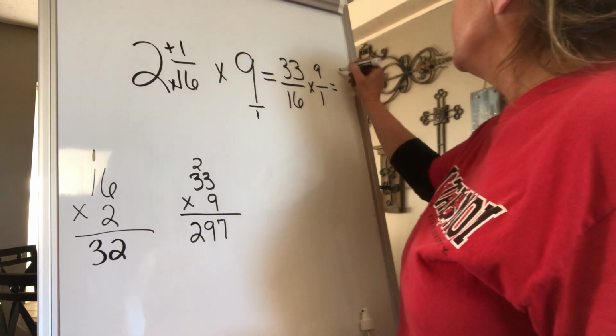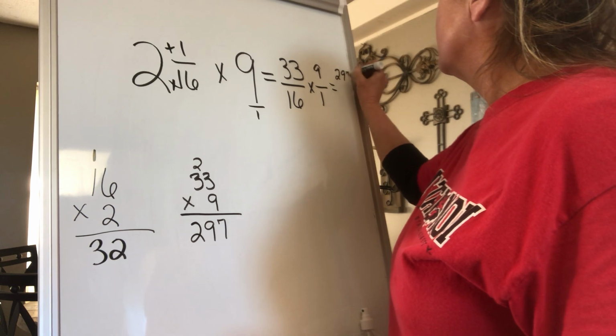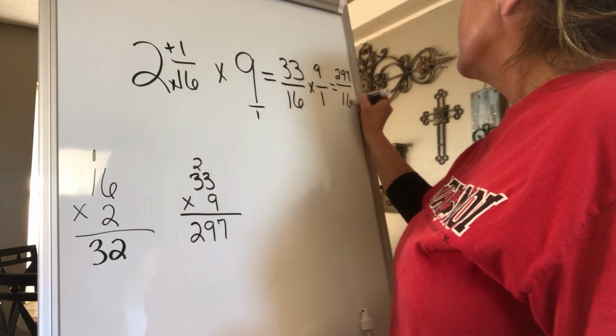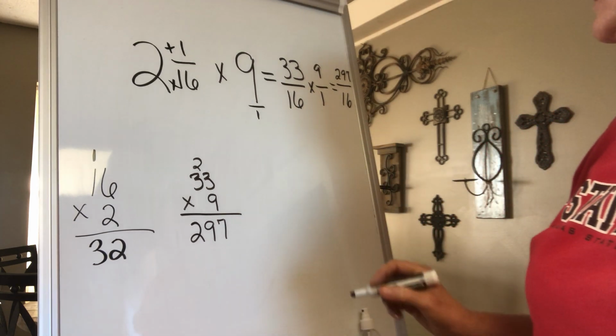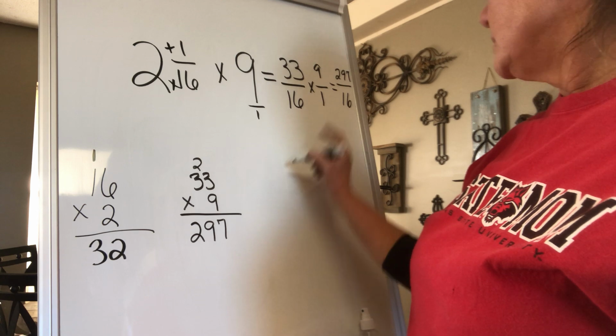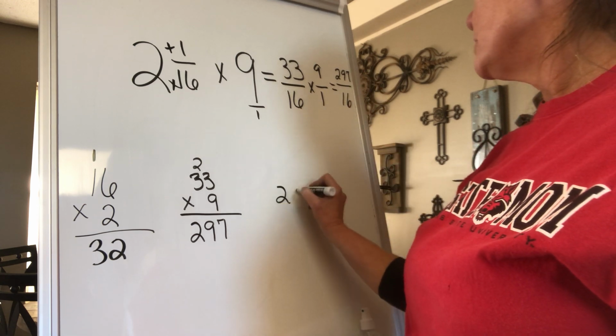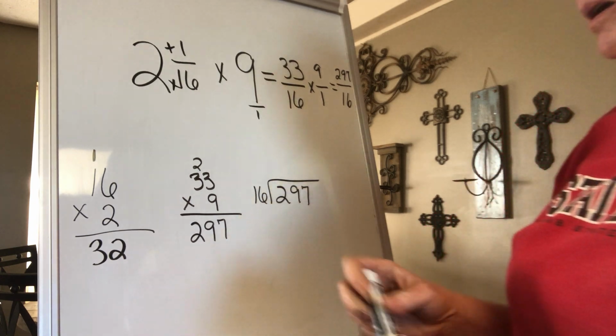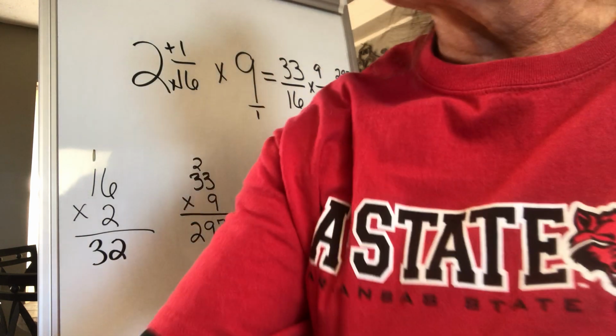So 297 over 16 times 1 is 16. Now, we could divide top to bottom, 297 divided by 16, or let's look at it this way.